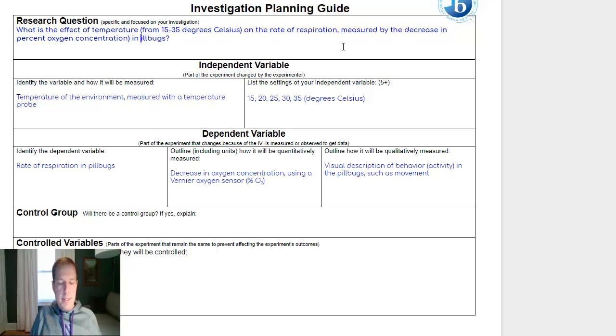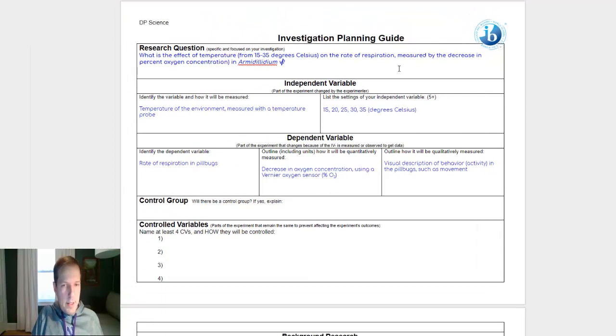And I'm going to eliminate pill bugs and instead include the scientific name, which is Armadillidium vulgare. So now with those additions, I've created a fully focused research question.